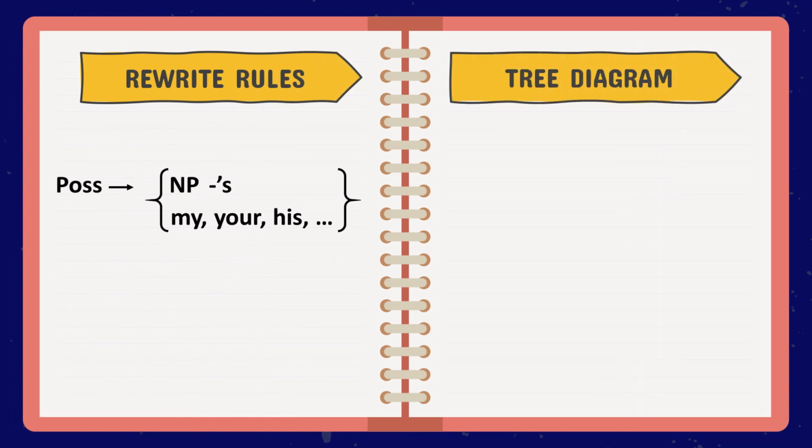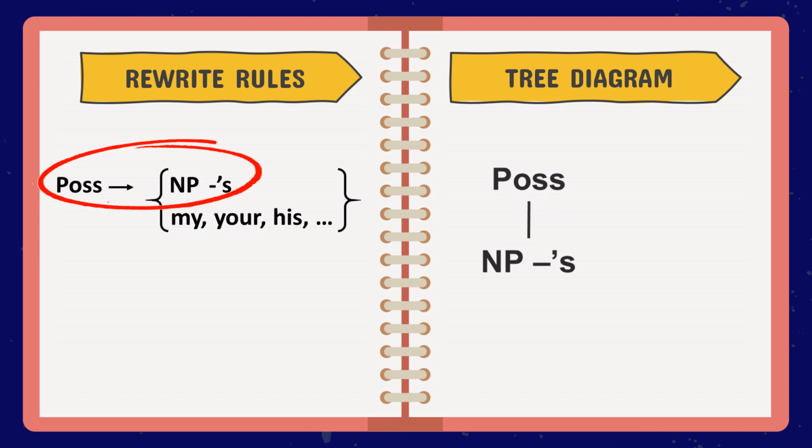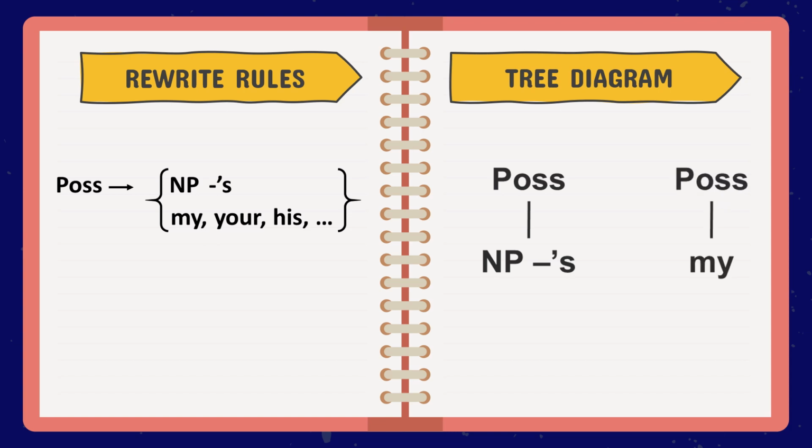The possessive pronoun symbol is POSS, and POSS or possessive pronoun consists of a noun phrase and apostrophe s. We can also have a possessive pronoun, or POSS, that consists of pronouns like my, your, and his.